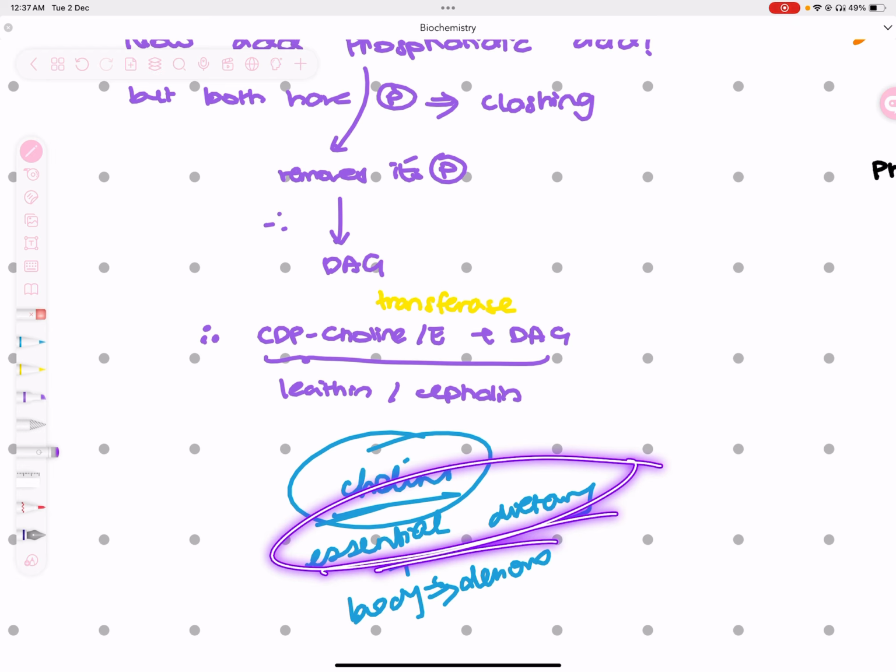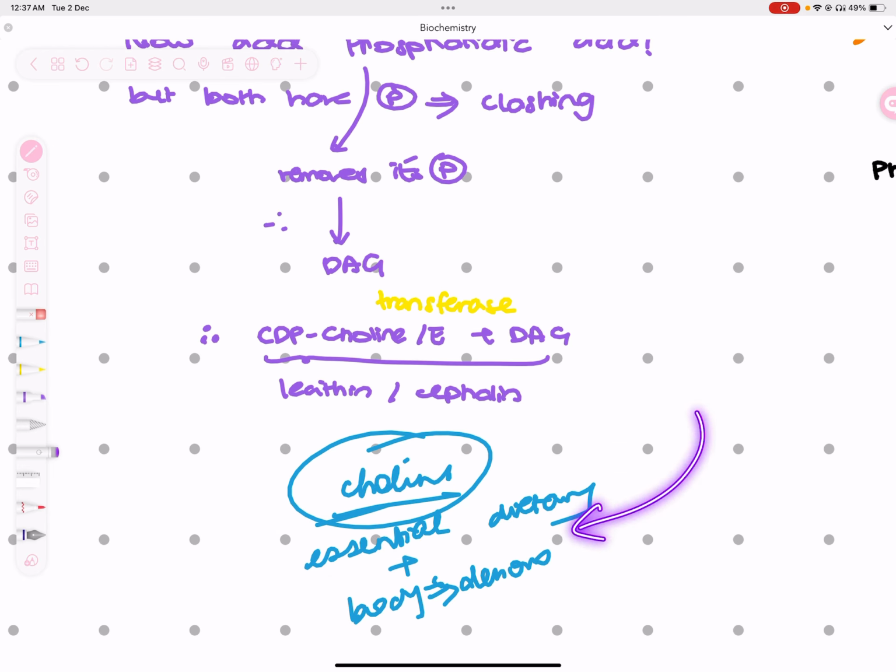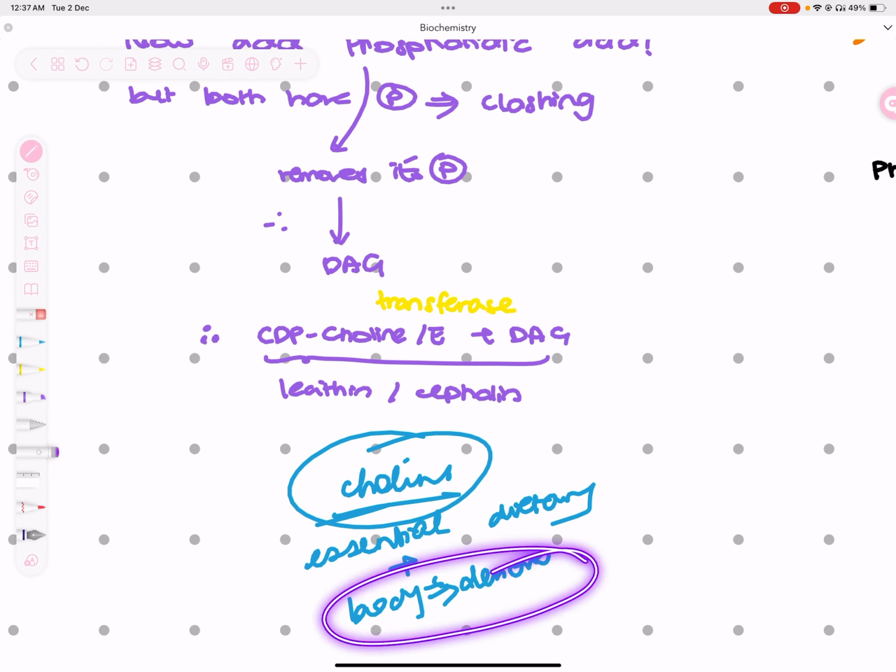जबकि essential dietary nutrients तो सिर्फ वही होते हैं ना जो body में नहीं बन रहे होते, आपको बाहर डाइट से खाने होते हैं. हाँ, इसकी de novo synthesis हो रही होती है body में, but it's not up to the mark, or it's not sufficient. The amount that's made is insufficient.